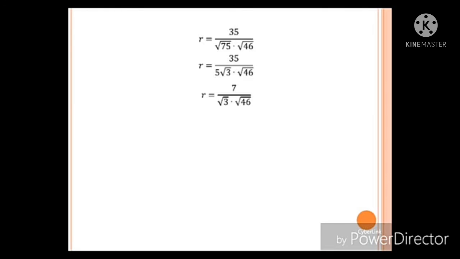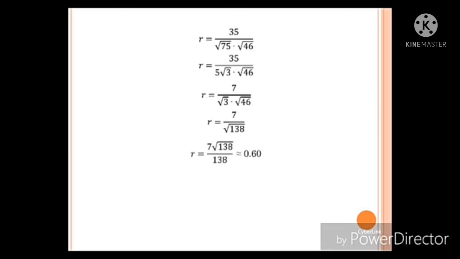Then multiply the square root of 3 by the square root of 46. The answer is the square root of 138. Now divide 7 by the square root of 138, or 11.75.